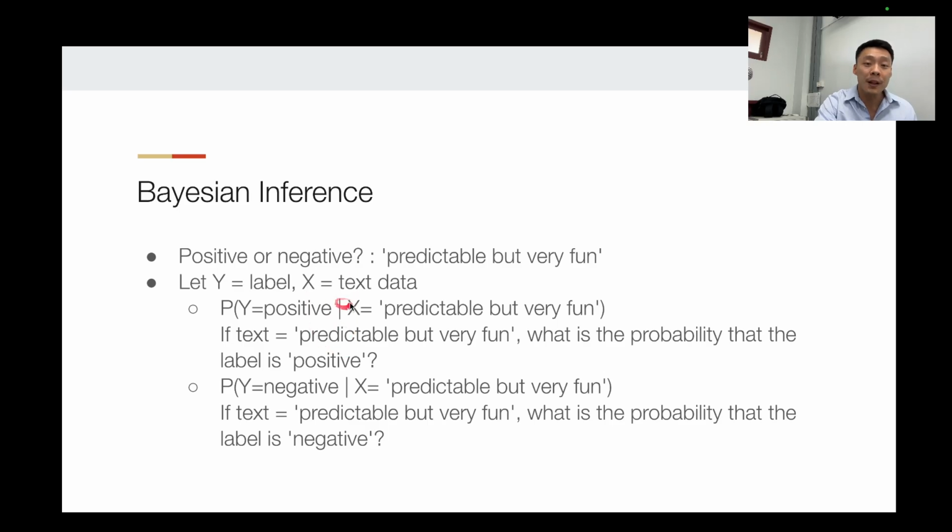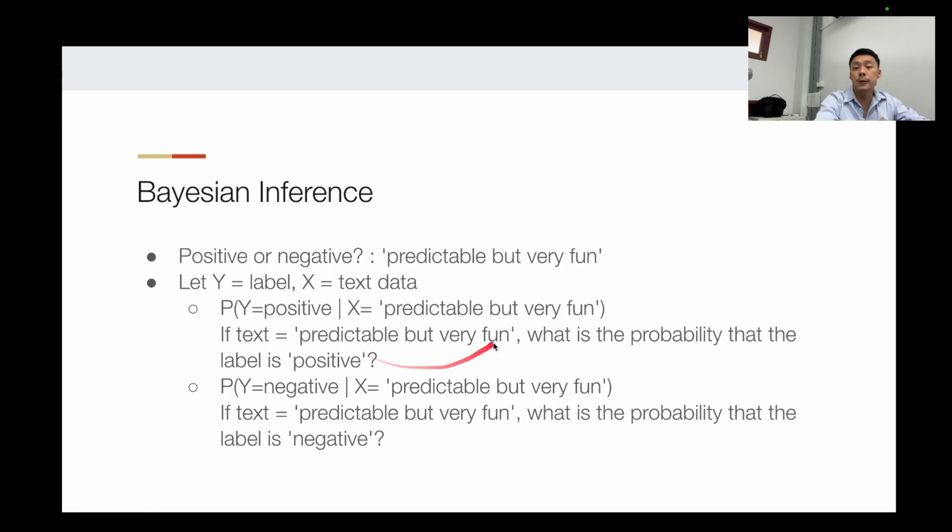That's what this bar means. People read it as given, or assuming that you know that. Assuming that you know that the text is predictable but very fun, translate that into English. It means you ask a question: if the text is predictable but very fun, what is the probability that the label is positive?